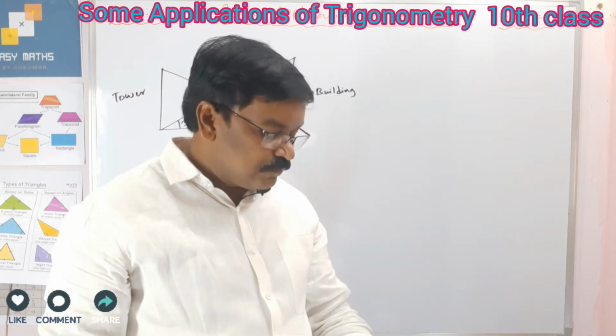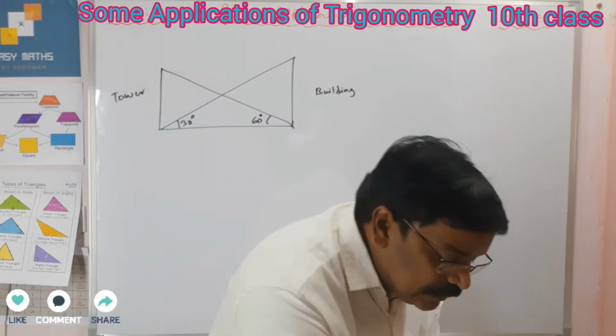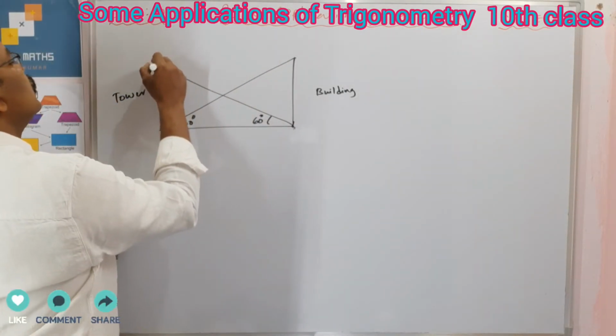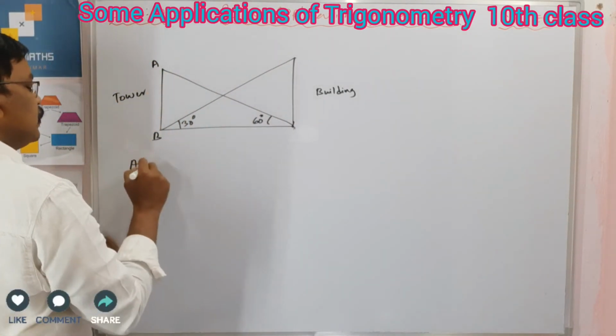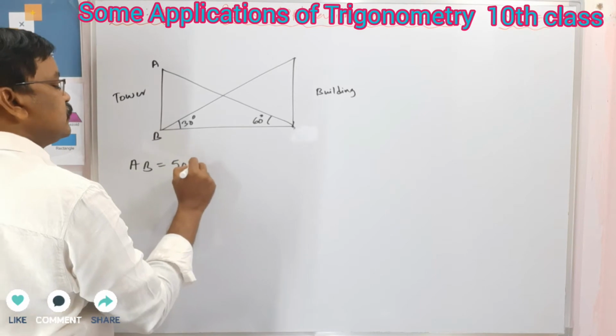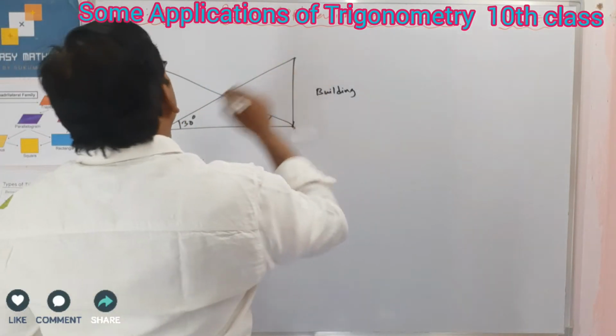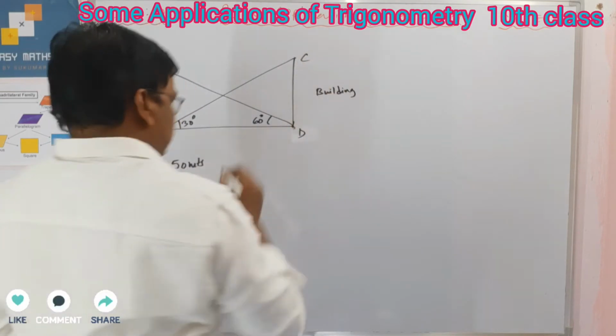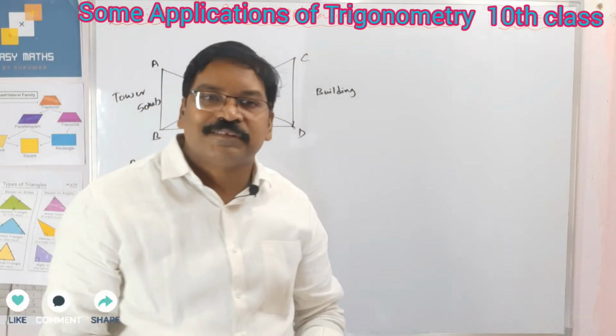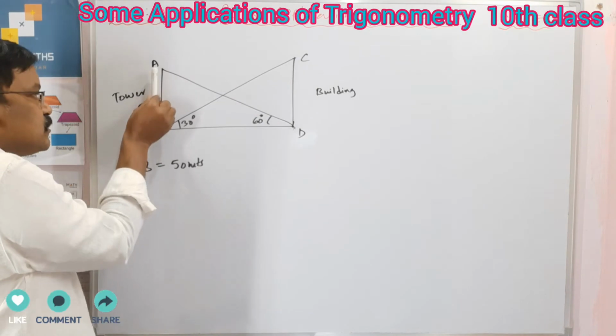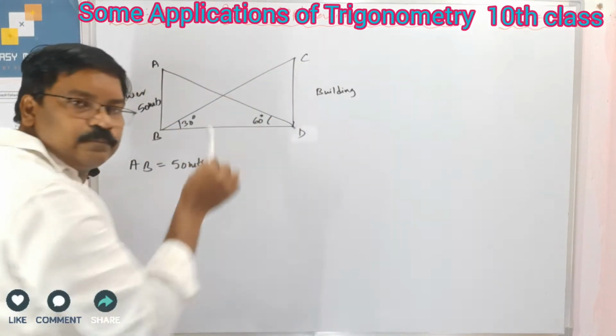Before that, what is given? The tower is 50 meters high. So this is AB, AB is equal to 50 meters. Look here, please. My dear students, this is the tower and this is the building.